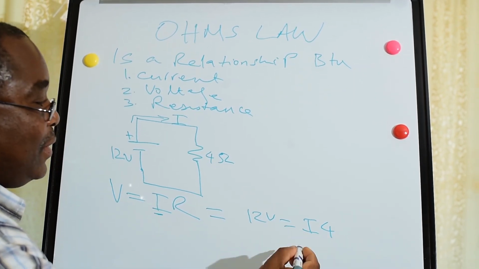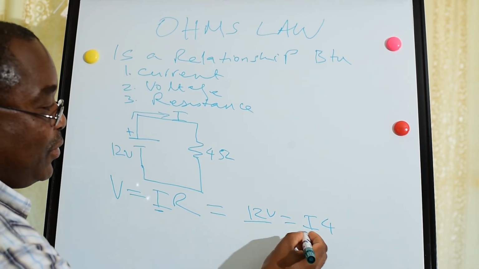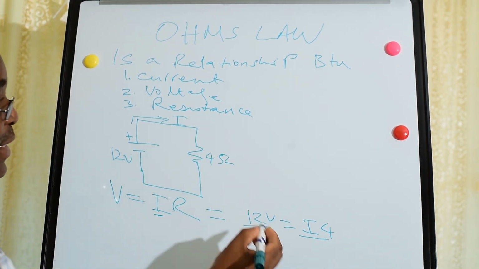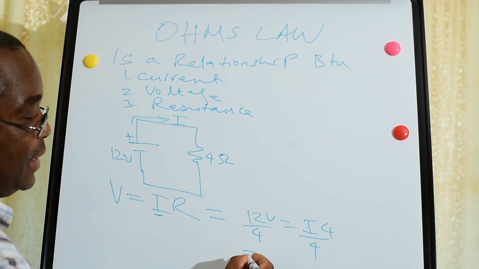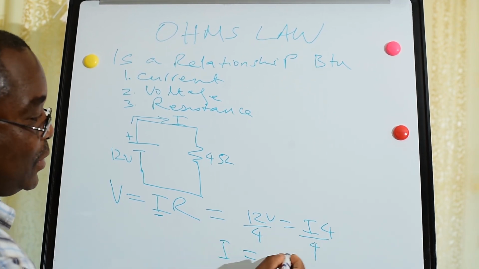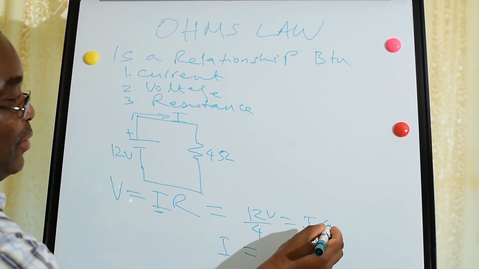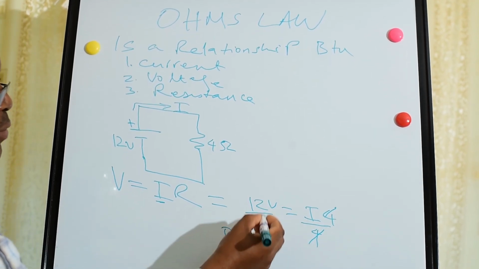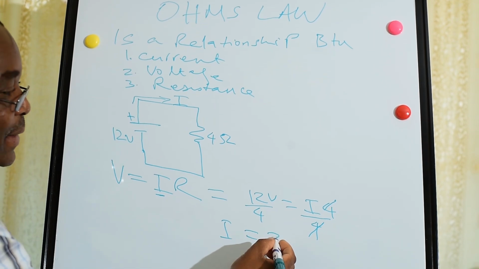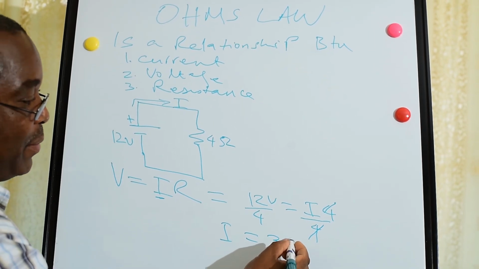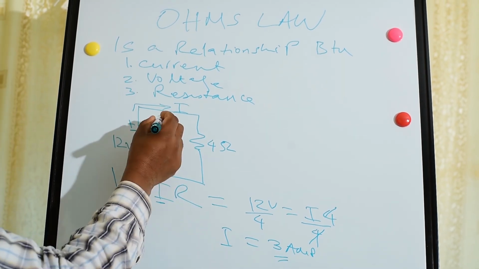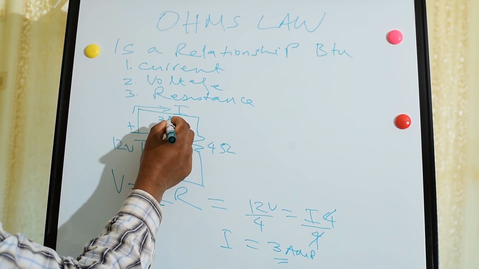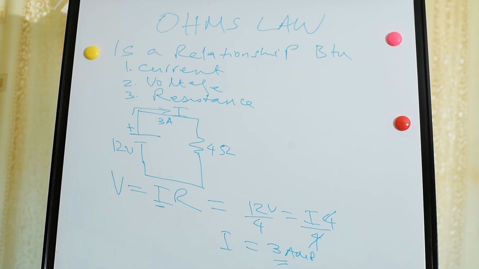Then we divide by 4, and current is equal to 12 by 4, which is 3. And it's amperes, amps. So 3 amps will flow in this circuit.